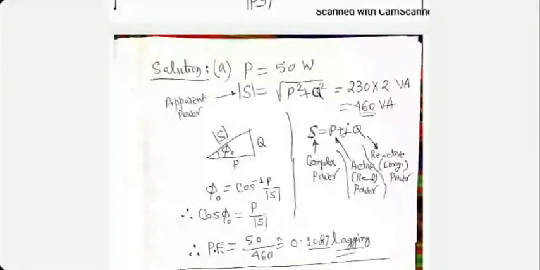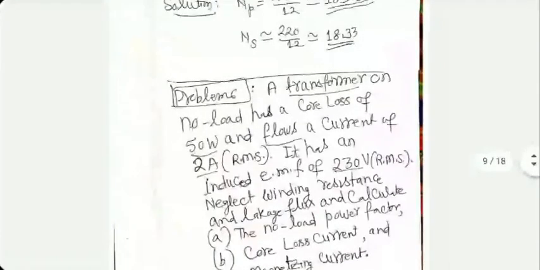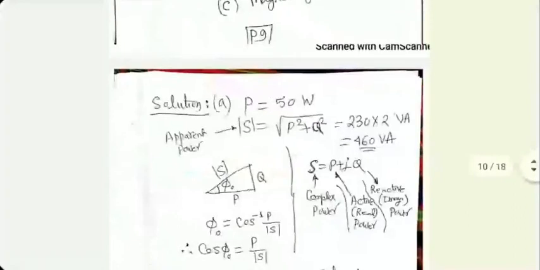You are given the total current magnitude flowing in the core. And you know that the voltage applied is 230 volt, assuming that losses are negligible in the windings. So 230 multiplied by 2 gives you the magnitude of the complex power in VA. That is called apparent power.